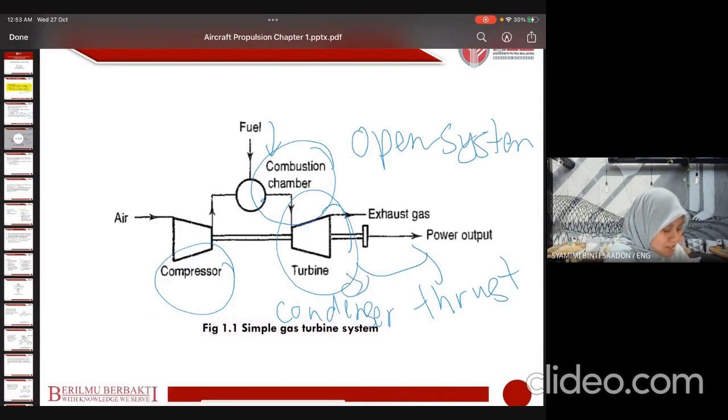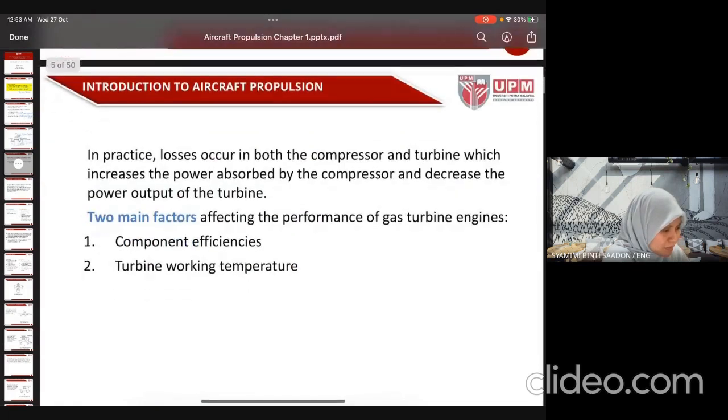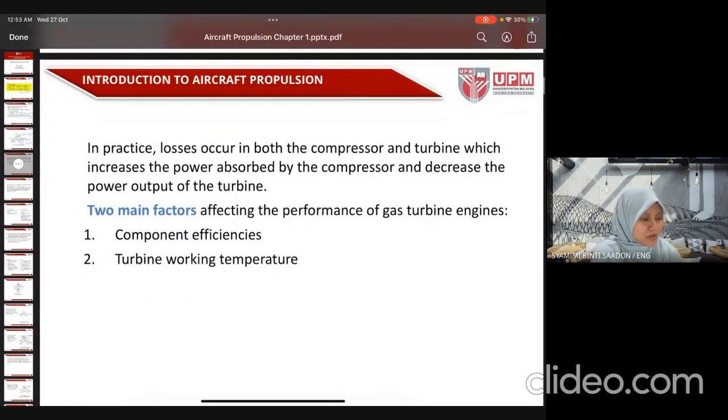Okay, next. In practice, loss occurs in both the compressor and turbine, which increases the power absorbed by the compressor and decreases the power output of the turbine. So if the compressor is lower in efficiency, low performance, it means that there is energy loss, so the compressor needs more power.